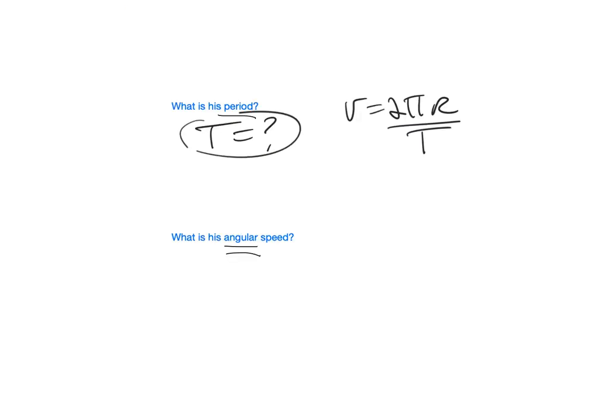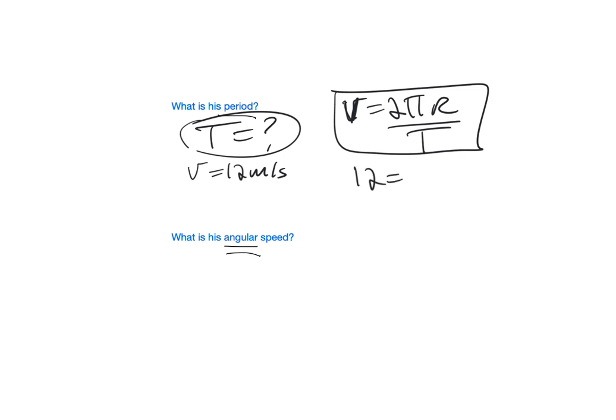Okay, what is the period? So the period, I remember since I just found V, and I know the equation V equals 2 pi R over T. In the previous problem, V was 12 meters per second. So 12 equals 2 pi R over T. The radius is 63 from the previous problem.